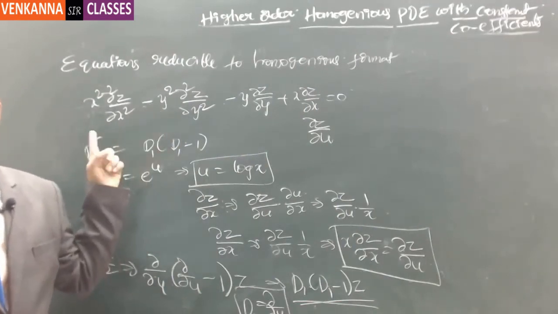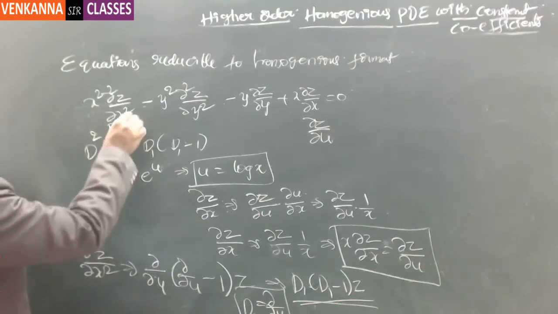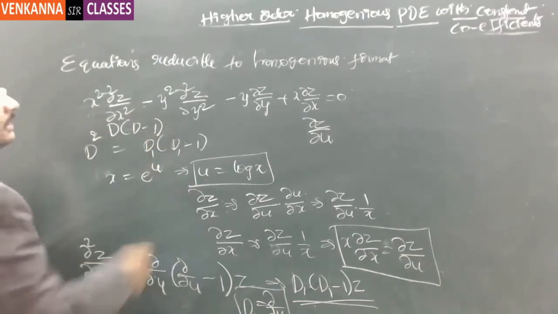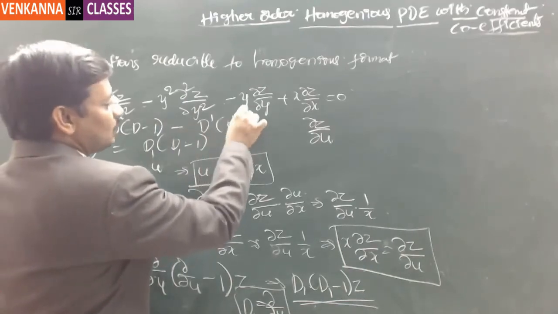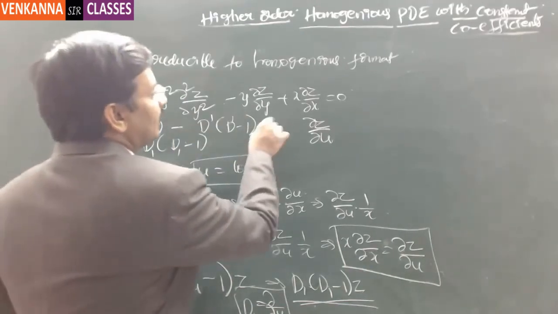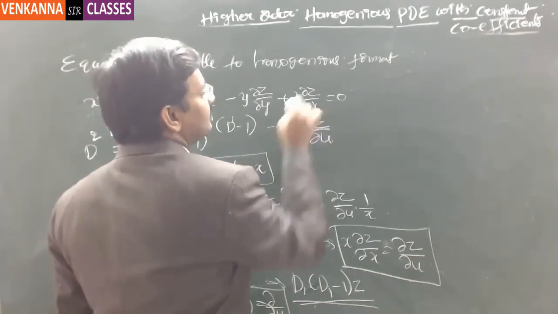Now here, in exactly the similar manner, you can replace this as d into d minus 1, and here minus d dash into d dash minus 1, and then here minus d dash plus d. This is how you can write it.